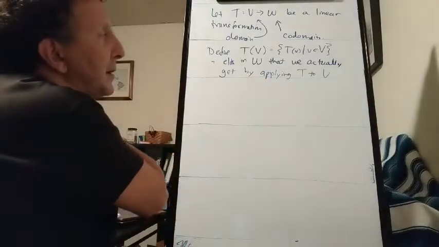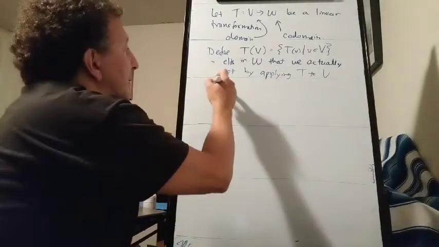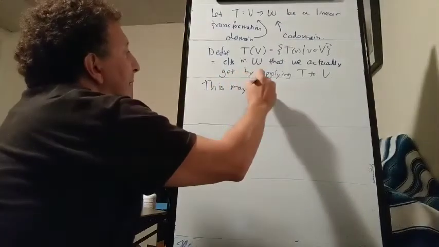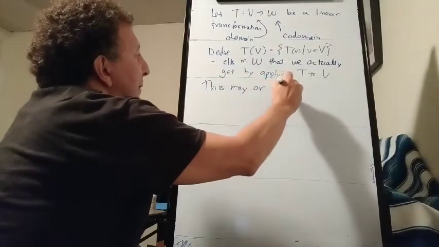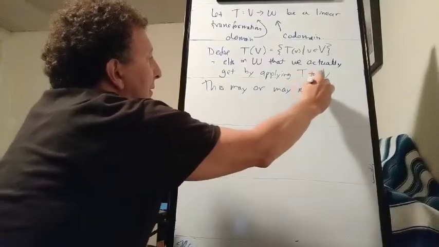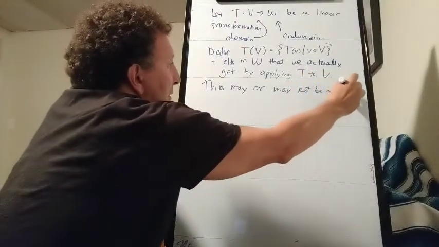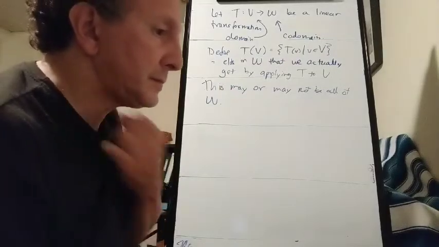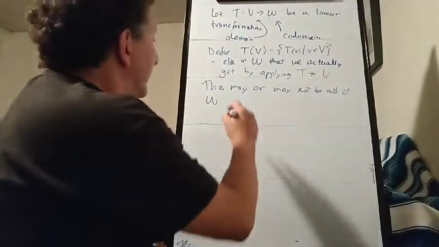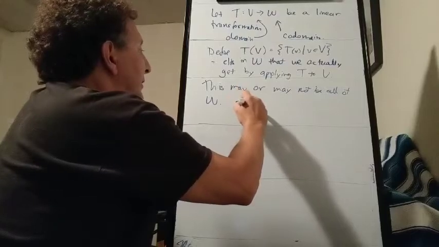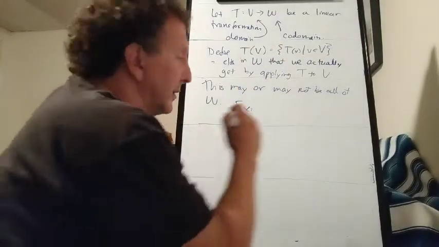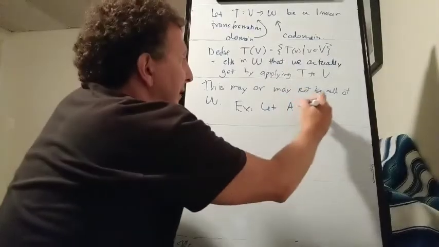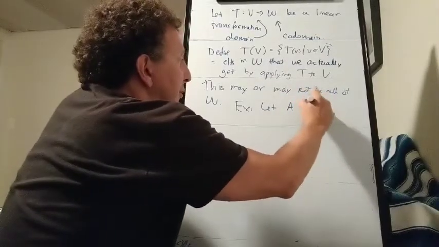And that might not be all of W. It might be. So this may or may not be all of W. For example, let's let A be the matrix that has 2 1s and 2 0s in it.